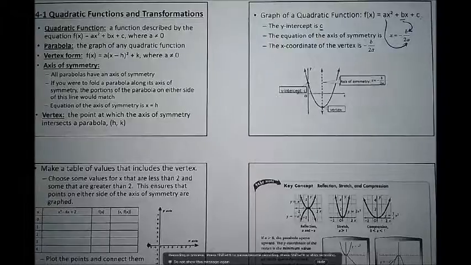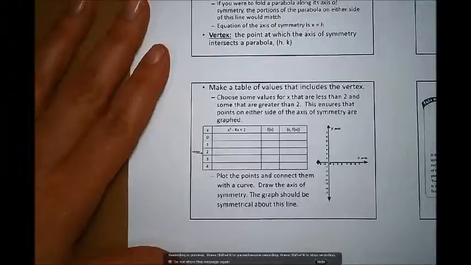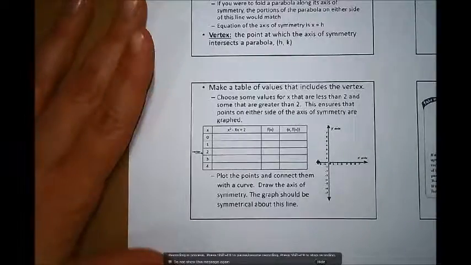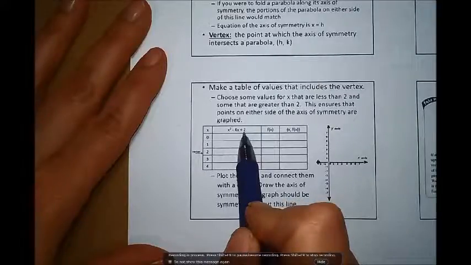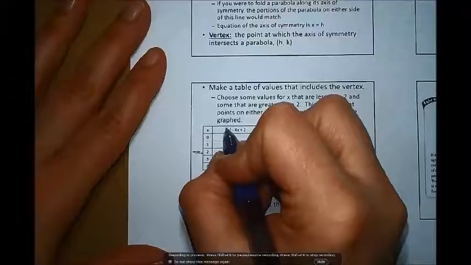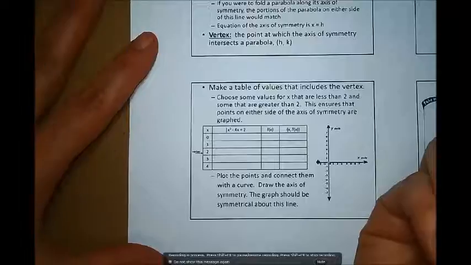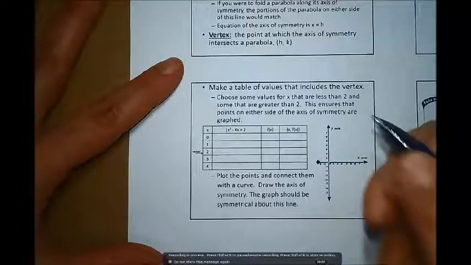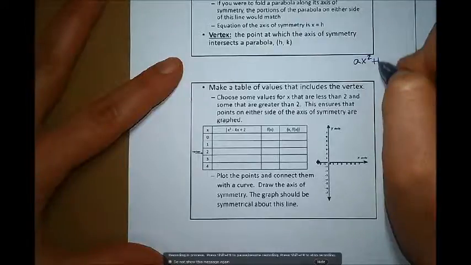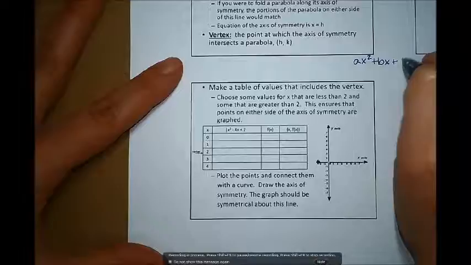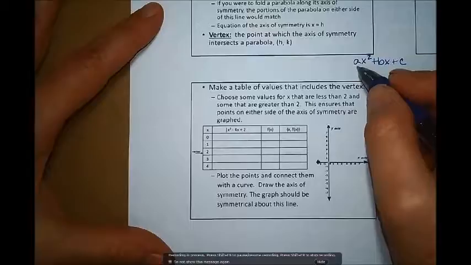So, continuing on, now we want to graph a parabola. The parabola x squared minus 4x plus 2. So, there's a 1 in front of that x squared. And we know that ax squared plus bx plus c is our equation for a quadratic function, and that the a, the b, and the c are numbers.